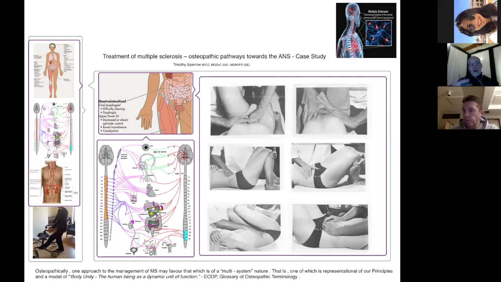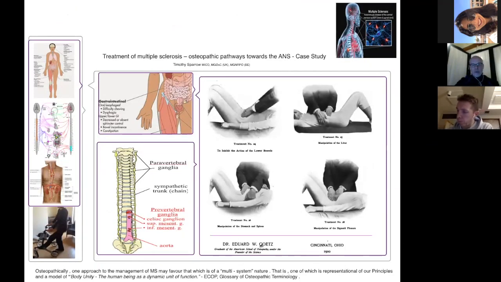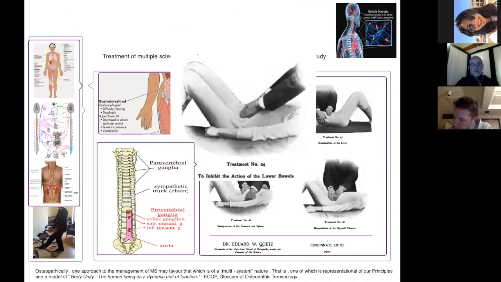Our idea within the context of our MS patient is to facilitate elimination, and that's what we're trying to do. Again, something from Goetz years ago, working with action of the lower bowels. So this approach to treatment is not new. It's been around since the 1900s and before, most probably.